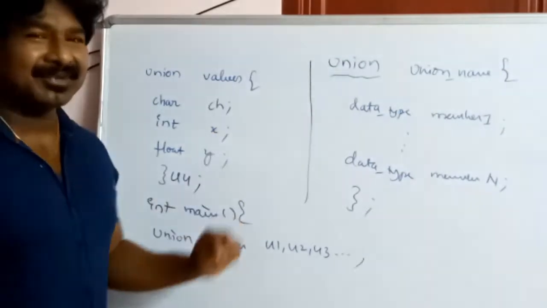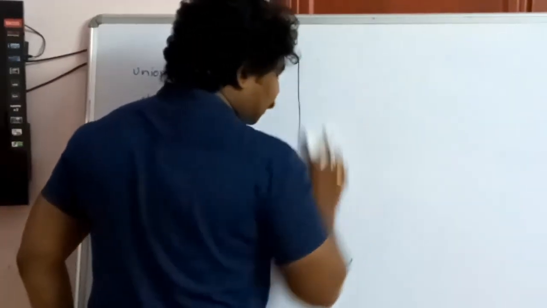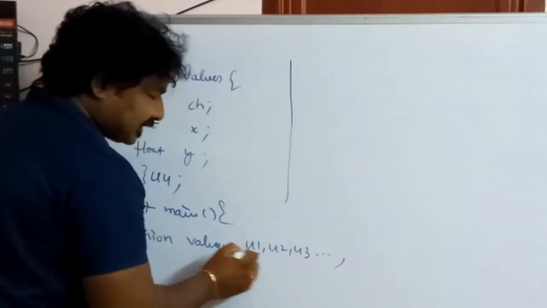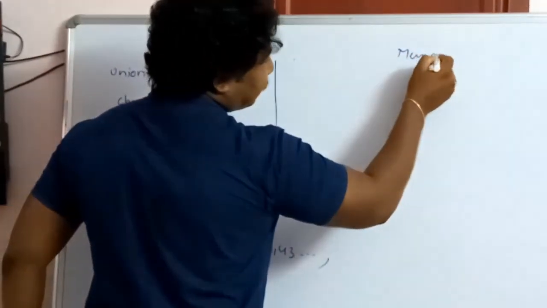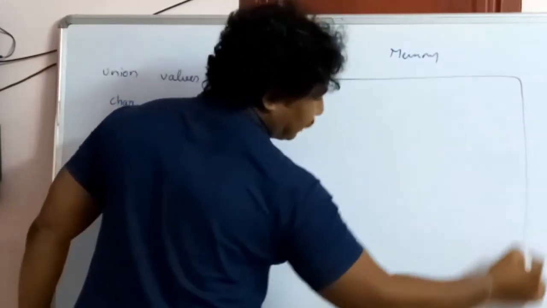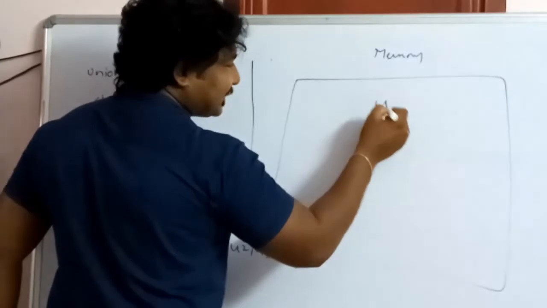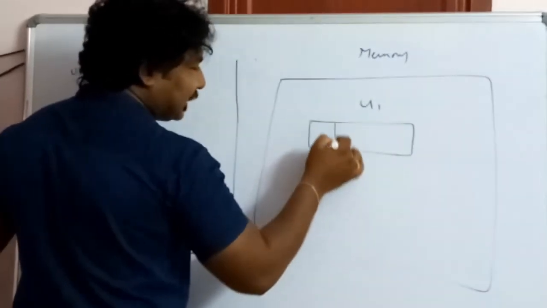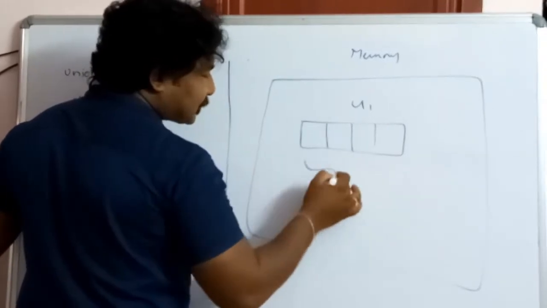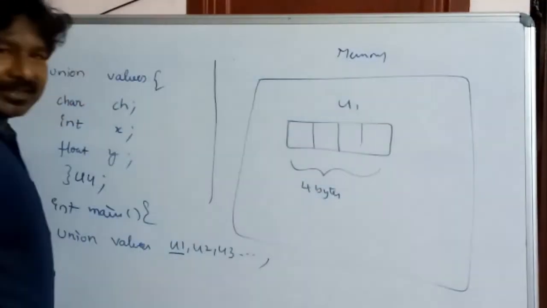Then what is the difference here? I'll show you the difference like this. What happens when this variable u1 is created? For example, if this is the memory, and u1 is declared, this union occupies only 4 bytes of space. Why these 4 bytes?